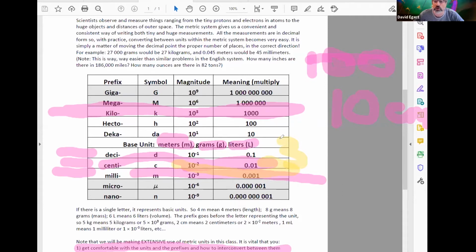That's 2 orders of magnitude, so I have to move the decimal point 2 places. And then do I want to move it to the right or to the left? If you don't remember, just do it and see if the answer makes sense. I want to go from centimeters. So 10 centimeters, again, a centimeter is about your finger width. 10 centimeters, about 10 fingers. It's pretty small.